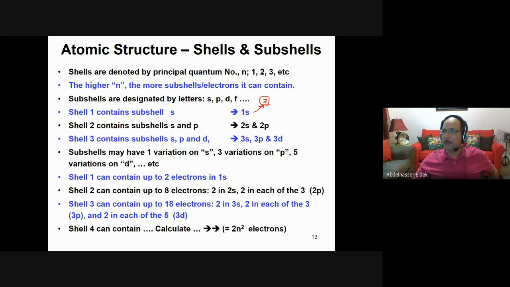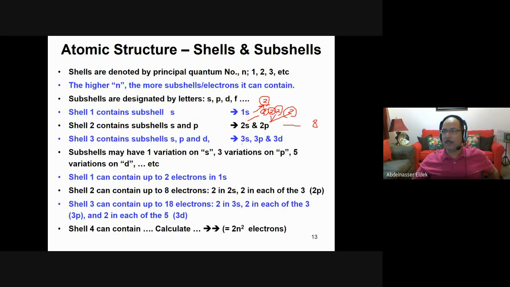Okay, what about shell number 2? The S can have 2, and P has 3 variations, 1, 2, 3. Each one can have 2 electrons, so 2, 2, 2. Then the total is 1, 2, 3, and 4 variations. 4 times 2 is 8. So this shell can have 8.